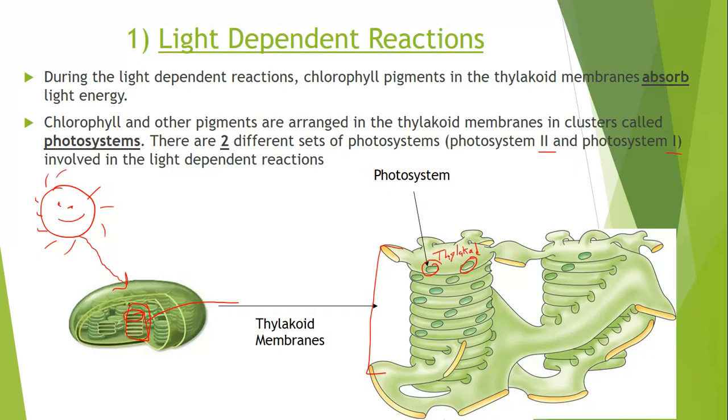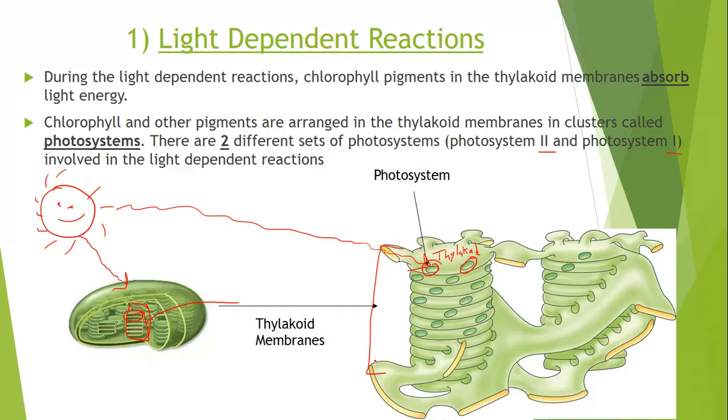Now, on top of the thylakoid are these photosystems, and the job of the photosystem is to absorb light energy. So light hits these photosystems and it gets absorbed. Okay, now not green light. Green light gets reflected. So violet light and red light get absorbed by these photosystems.